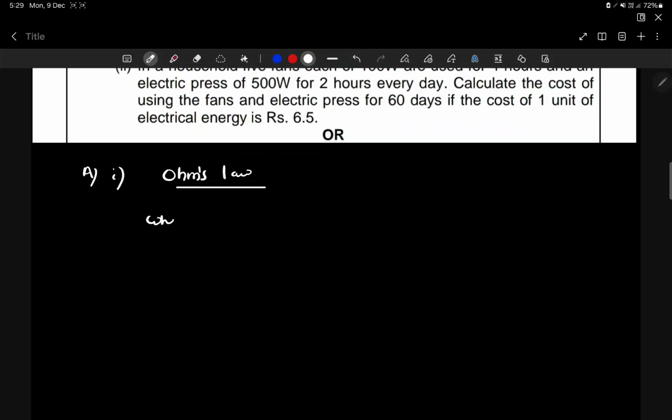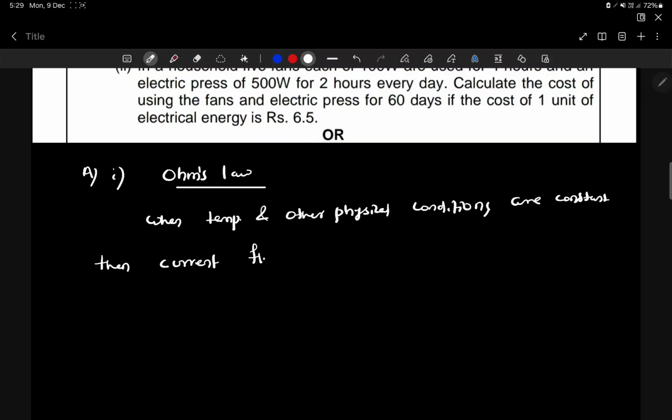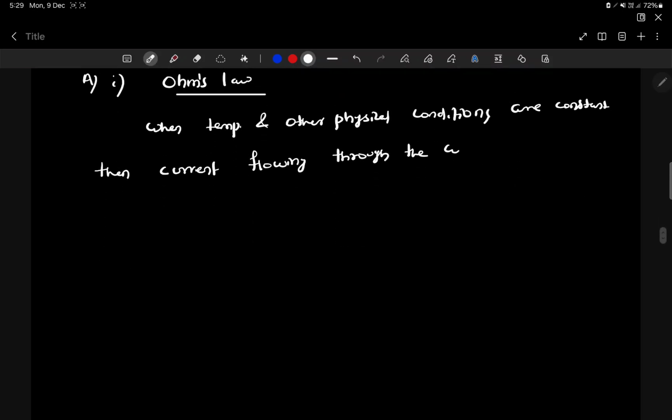The statement is: when temperature and other physical conditions are constant, then current flowing through the conductor is directly proportional to the potential difference applied across its two ends.